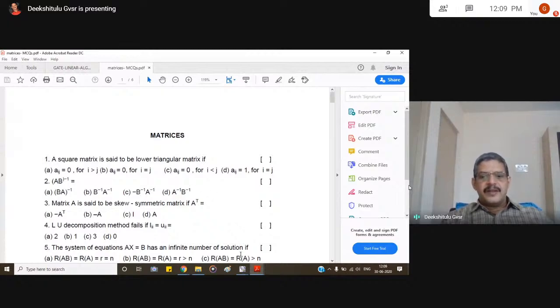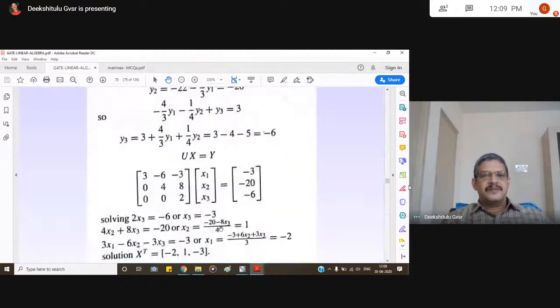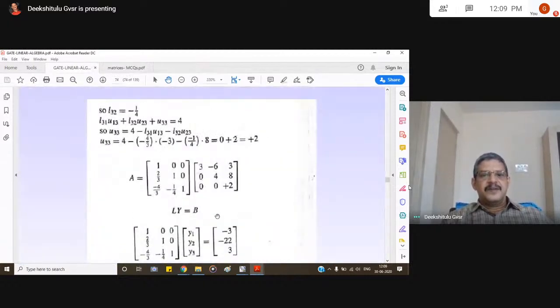So lower triangular is like this. This is the lower triangular matrix, L. This is second column, first row. This is third column, first row. So i is 1, j is 2, j is 3. That means clearly i is less than j.